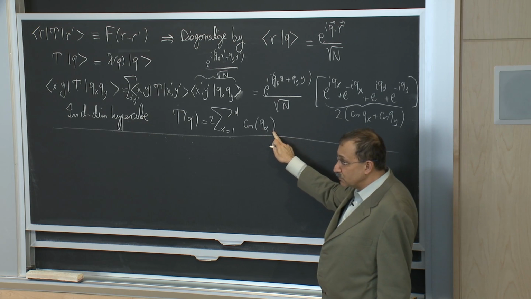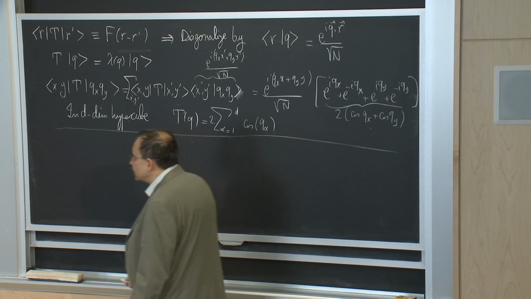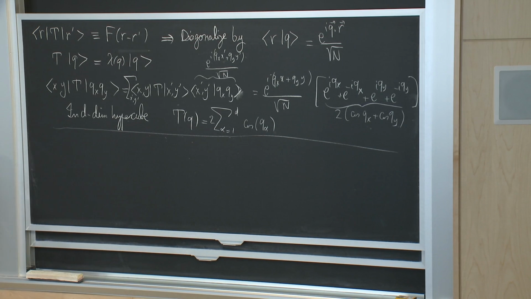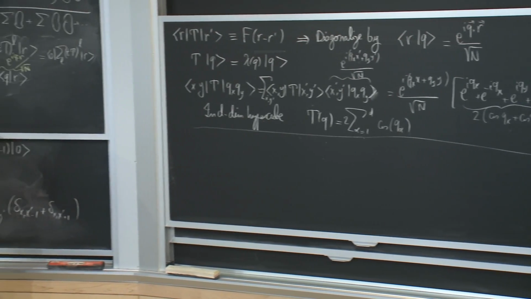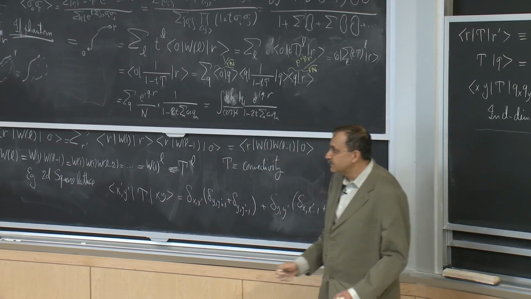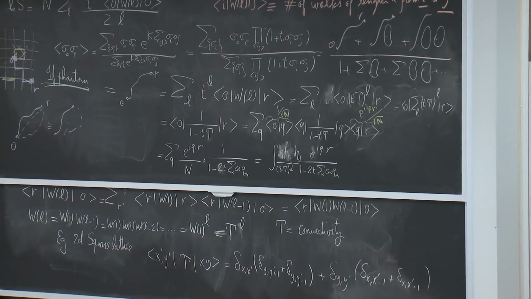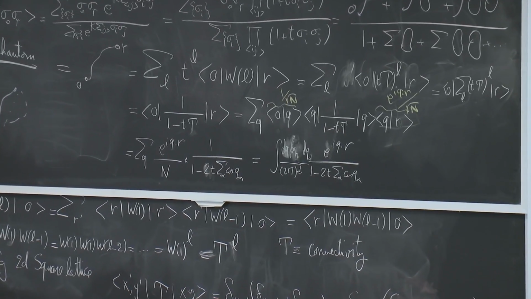So the index alpha is just the number of spatial dimensions. If you like, this is also dq1, dq2, up to dqd. Okay, I wasn't sure what the index alpha was referring to. Right. Okay.